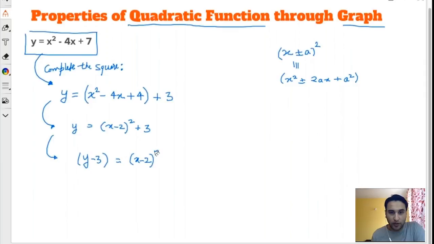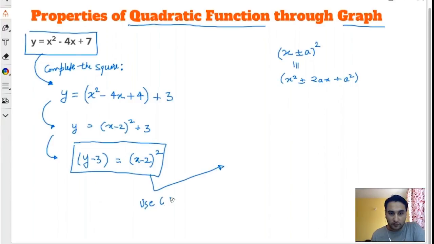अरे बाबा, ये तो हो गया. ये तो we know how to plot using graph transformation. ये तो सबको आता है प्लॉट करना. Do you not know how to plot this?